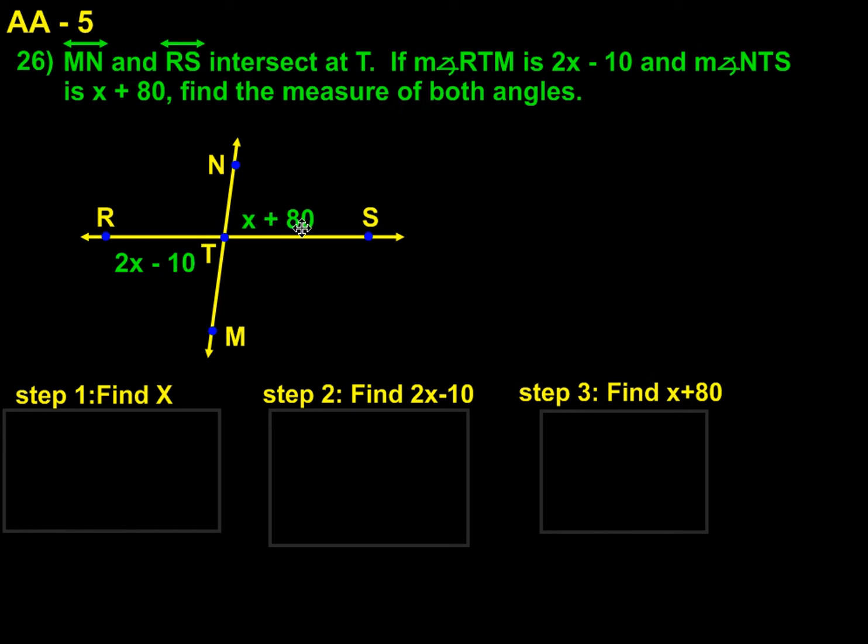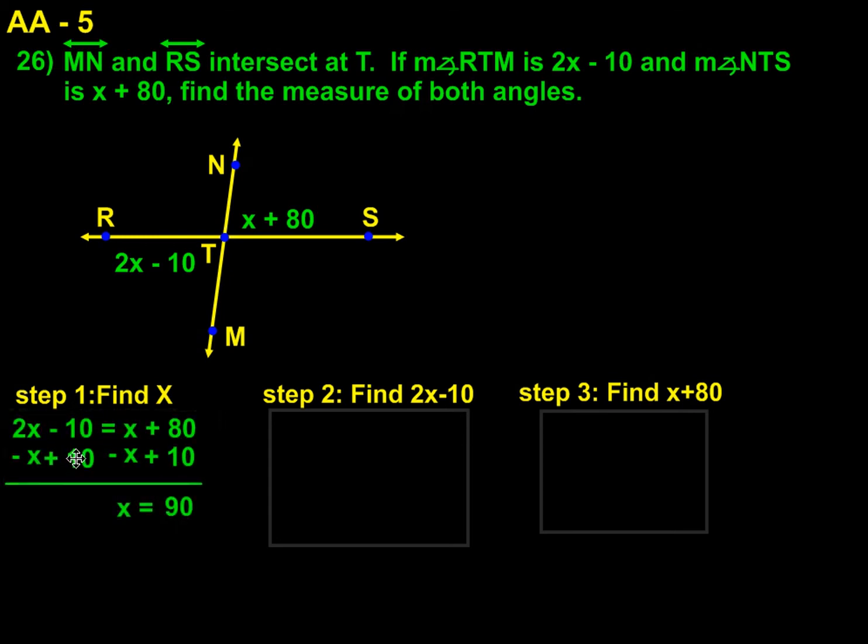So the first thing we need to do is figure out what x equals. And the way to do that is we know that each one of these has an x in it. And so we can set them equal to each other to figure that out. So if we do 2x minus 10 equals x plus 80, and then we add 10 to both sides and subtract x from both sides, we wind up with x equals 90. So now we know the value of x. We can now plug 90 in for each of these to determine what the values are.